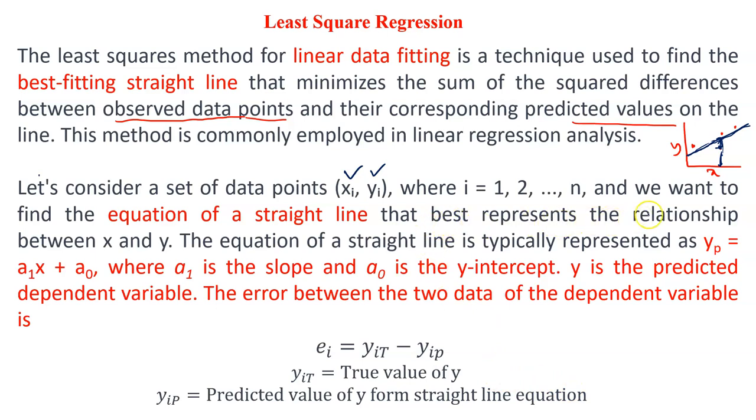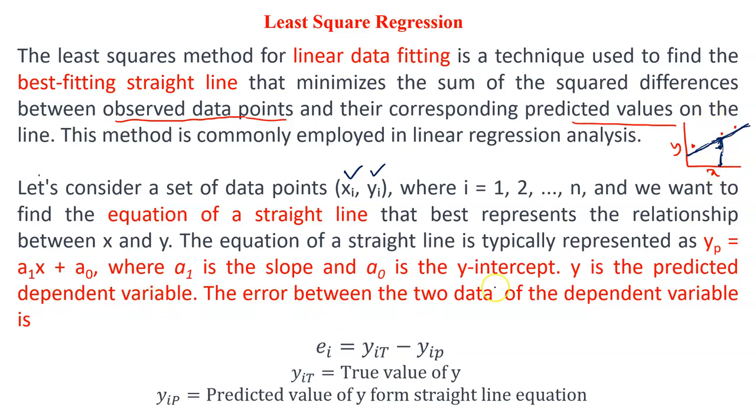The equation of the straight line is typically represented as yp equals a1x plus a0, where a1 is the slope and a0 is the y-intercept. yp is the predicted dependent variable.